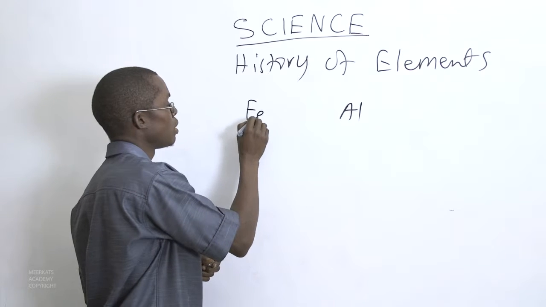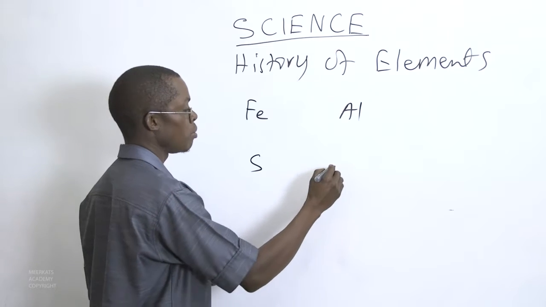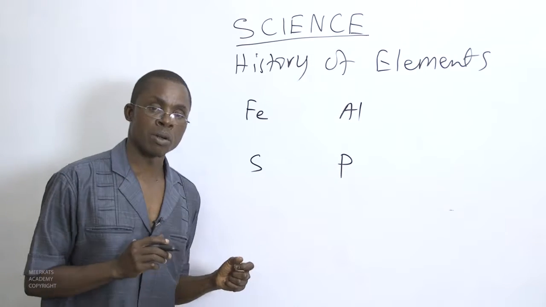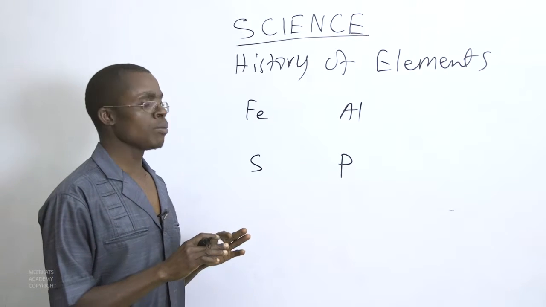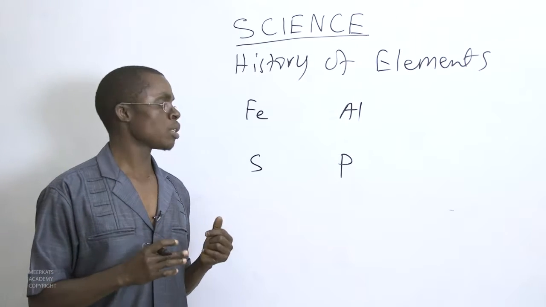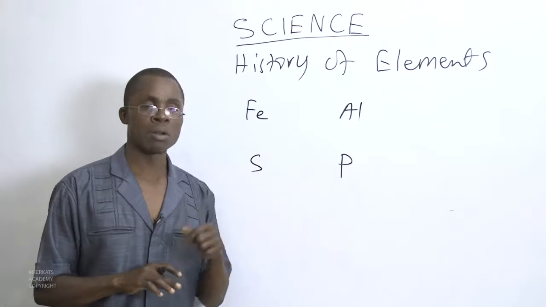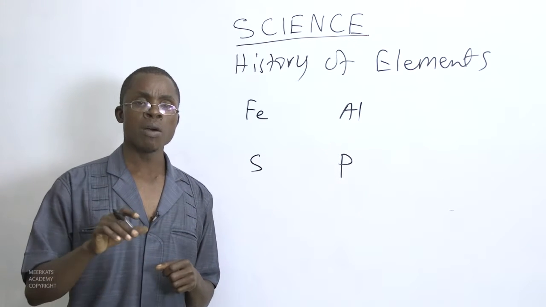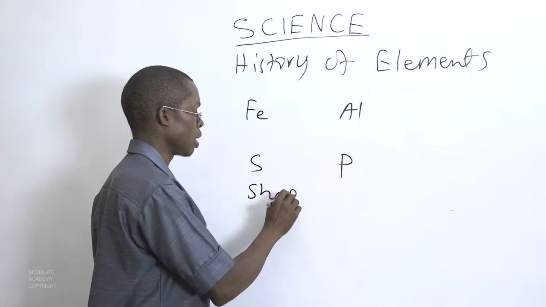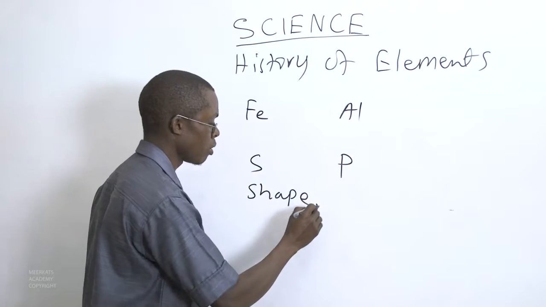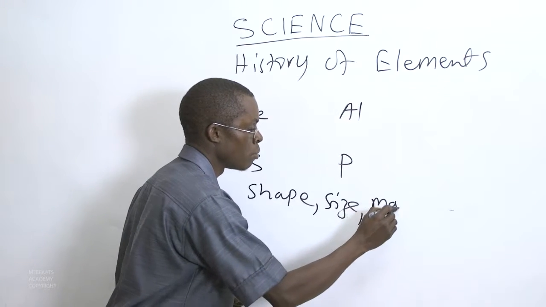So if we have iron, we have aluminium, these are metals, I have sulfur, and I have maybe phosphorus as nonmetals. For these early Greeks, in terms of describing the small particles forming this phosphorus, or this sulfur, or this iron, or this aluminium, they will be different in terms of shape, in terms of size, and in terms of mass or weight.